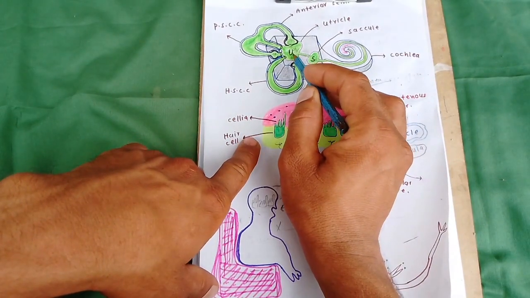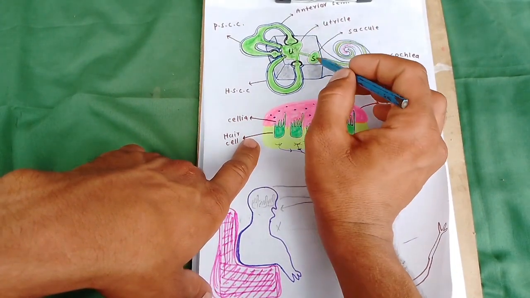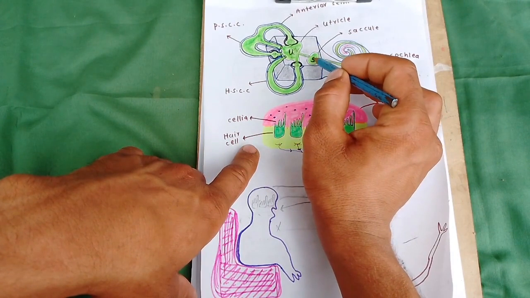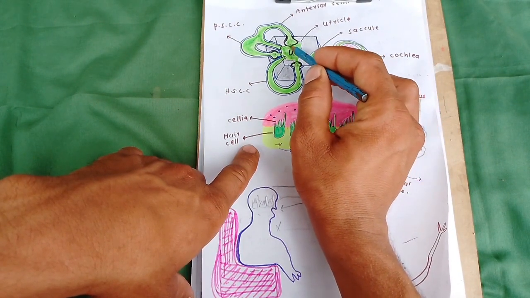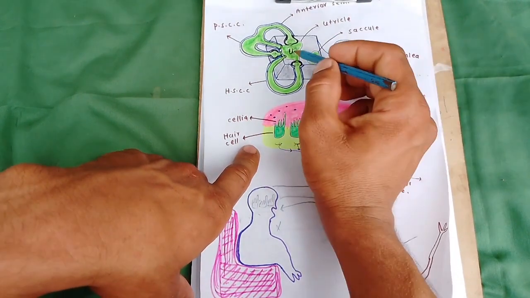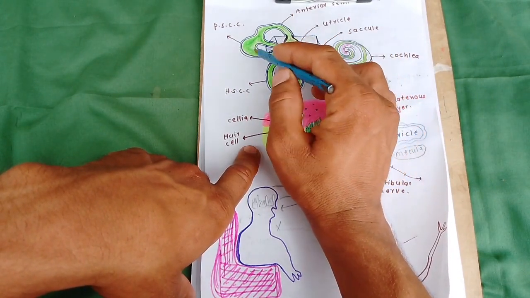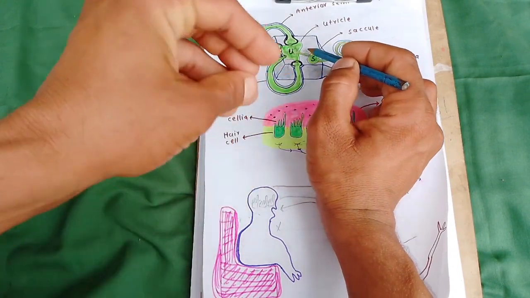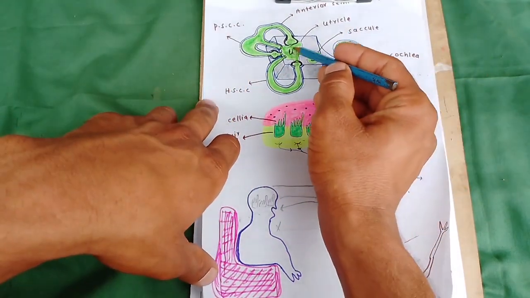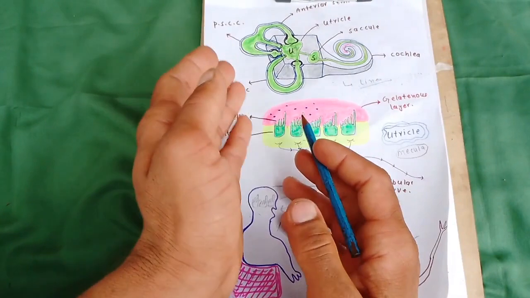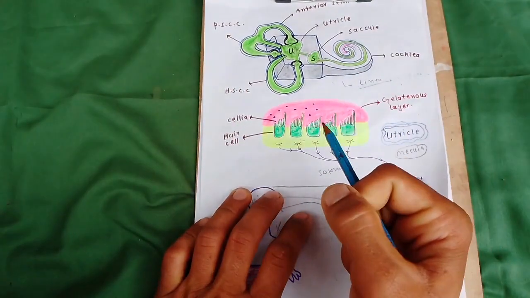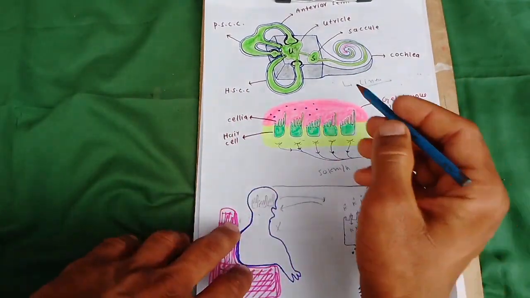What is the utricle? Posterior to the saccule there is a chamber called the utricle. These are fluid-filled cavities along with some sensory receptor cells. In the utricle there is a receptor organ called the macula.